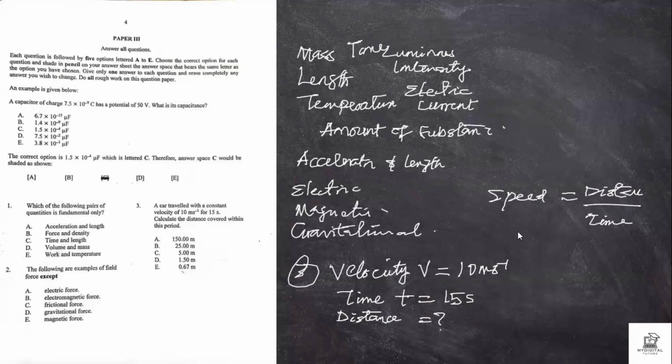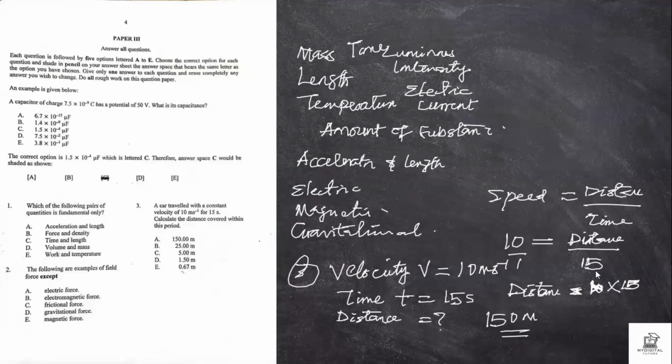So here, our speed is 10 meters per second equal to distance, we don't know it, all over time, which is 15. So when you cross multiply, you have your distance to be equal to 10 multiplied by 15. So when you do that, you have 150 meters. So the correct option here is option A, 150.00 meters. I hope this is understood.